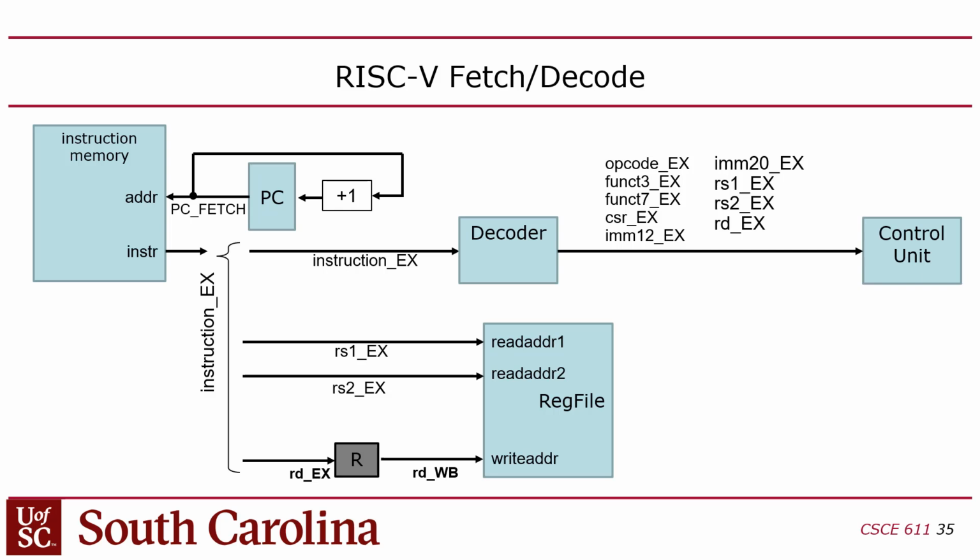So there's one module, but depending on what port you're talking about, you could be talking about different pipeline stages. So the write address port belongs to the write back stage.